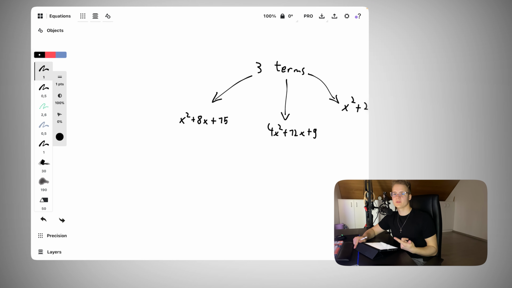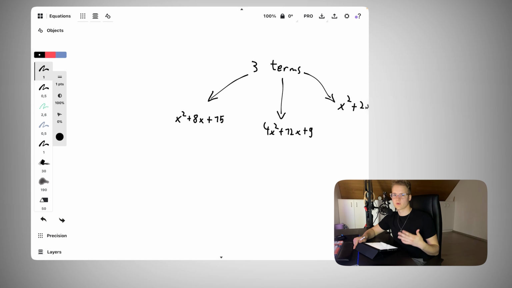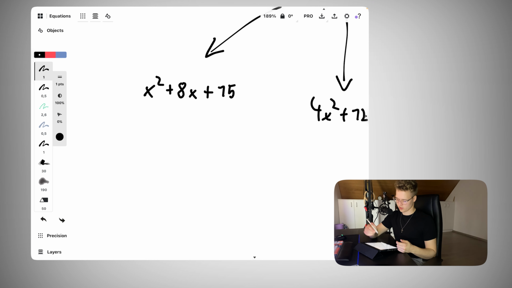If we have three terms, then we have the so-called Vieta's formulas. So there are two formulas that we can use. So this is the general case where a equals 1, or sorry, not the general, the specific case. How does this one work? Well, it works in a very specific fashion. So what we want to do is we look at some symbols and then try to deduce the signs.